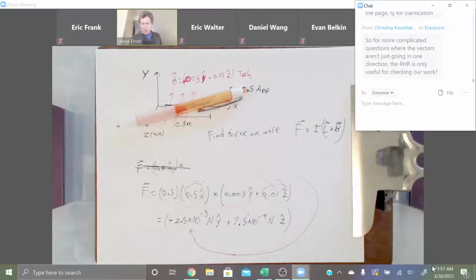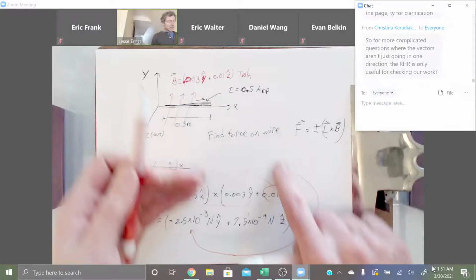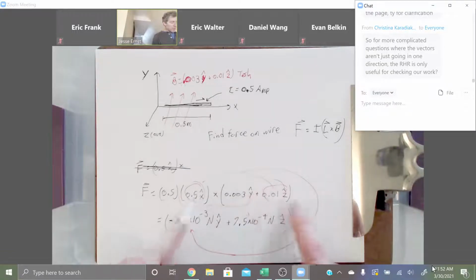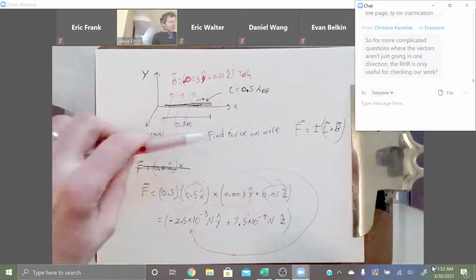So for more complicated questions where the vectors aren't just going in one direction, the right-hand rule is only useful for checking our work. Correct. Yep, Christina, exactly right. So we didn't need the right-hand rule for any of this, right? We just did the cross product and the components will work out. I just wanted to make sure I didn't screw up because something looked funny.